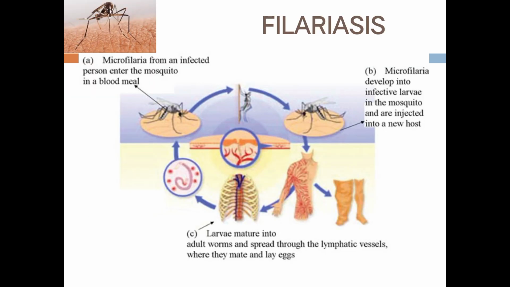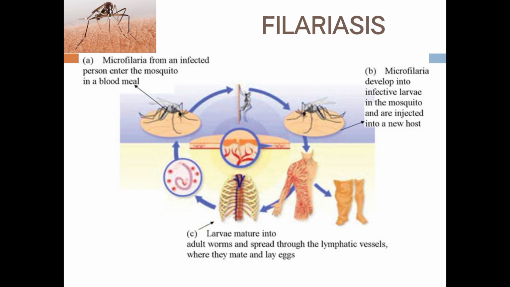Filariasis. Microfilariae from an infected person enter the mosquito in a blood meal. Then the microfilariae develop into infective larvae in the mosquito and are injected into a new host.